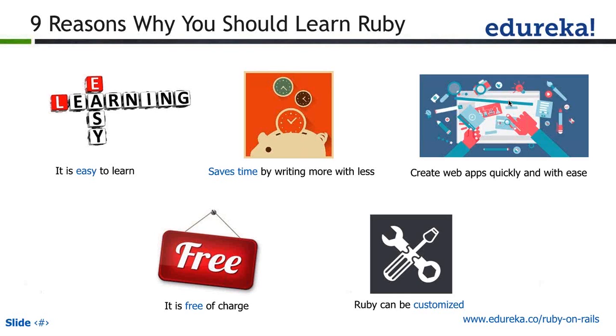It was a language developed for making programmers happy, right? So when Matz started doing programming, with the programming languages of that time, C, C++, and similar languages, he kind of felt, okay, coding in general does not make the programmer happy.